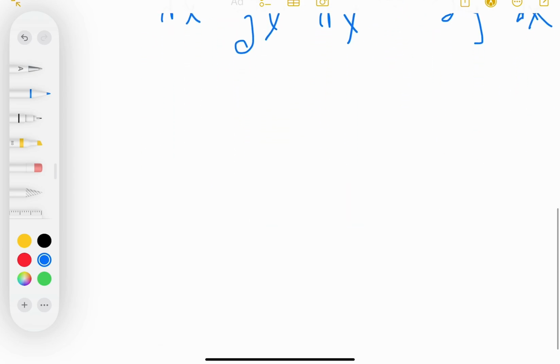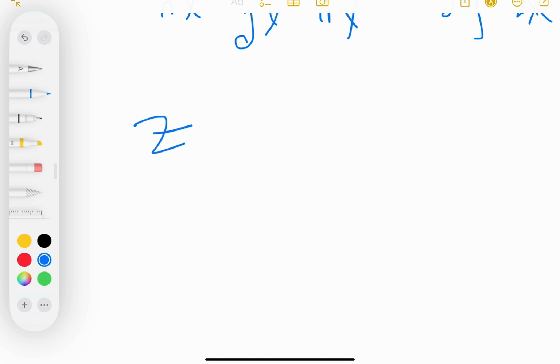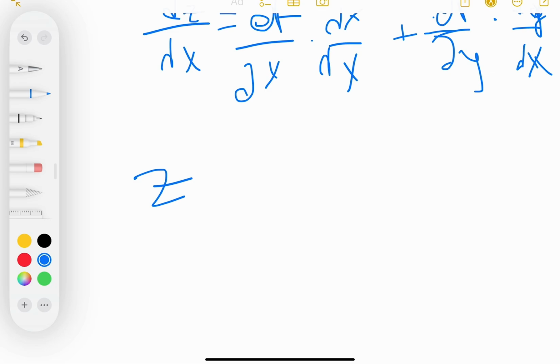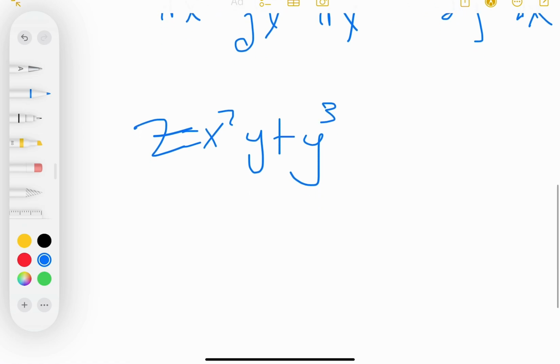Okay, so let's do a simple composite function. Let's say z equals x squared y plus y to the third.